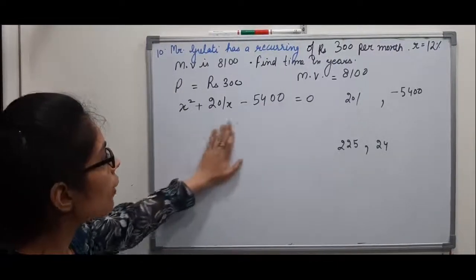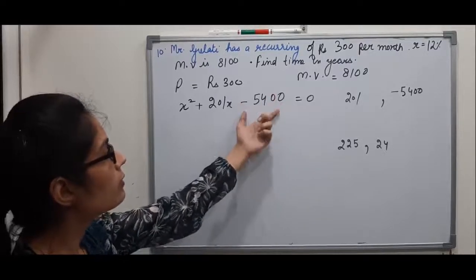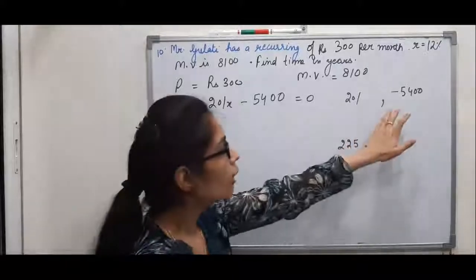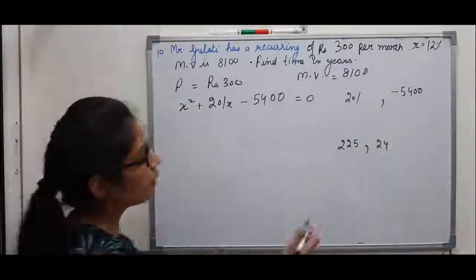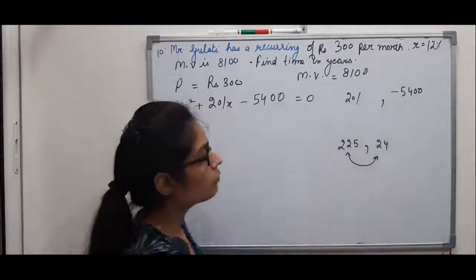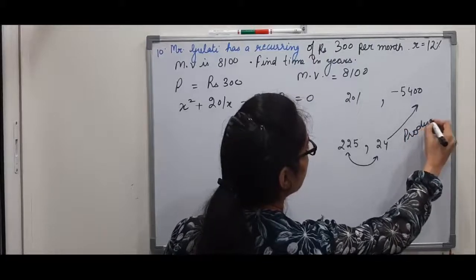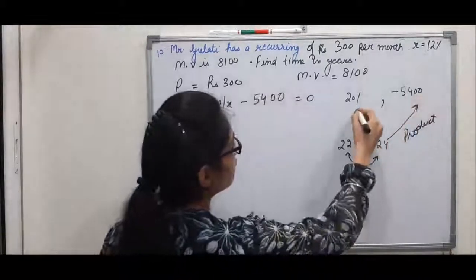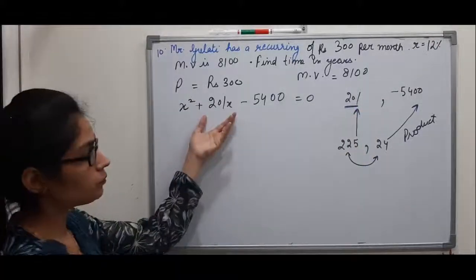So now in this quadratic equation, first of all I have to write this last term. Now I have to make the factors of this term in such a way that I choose two numbers whose product should be equal to my last term, and whose addition or subtraction should be equal to my middle term.